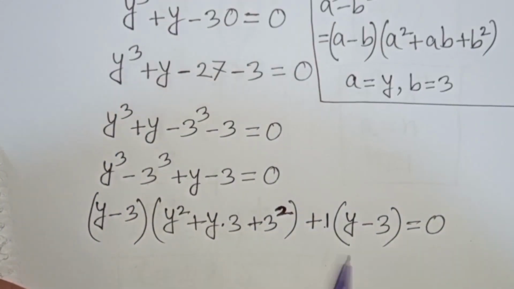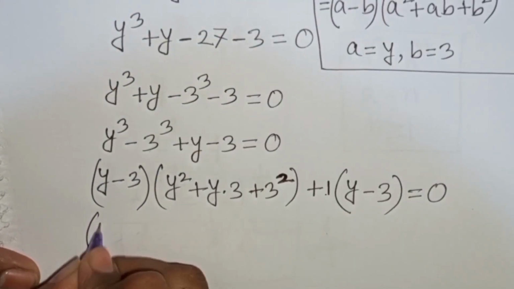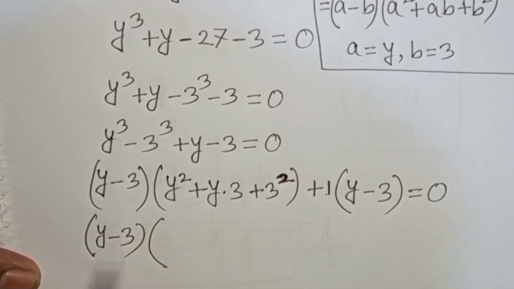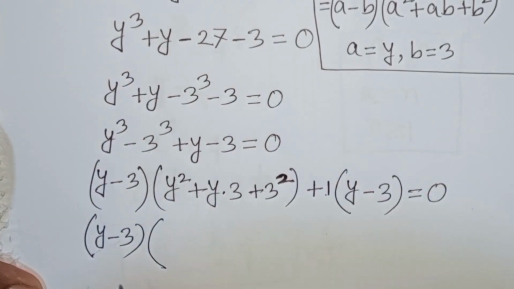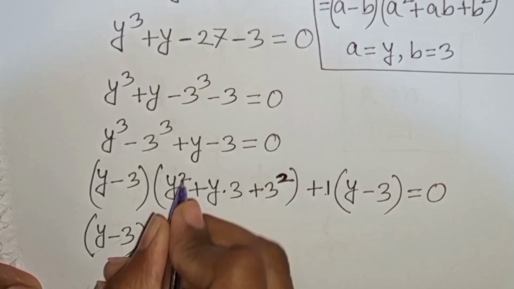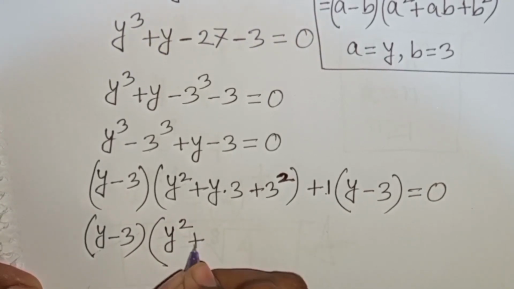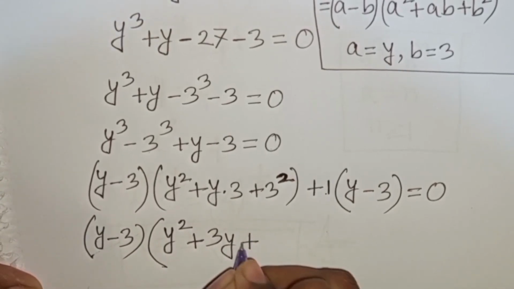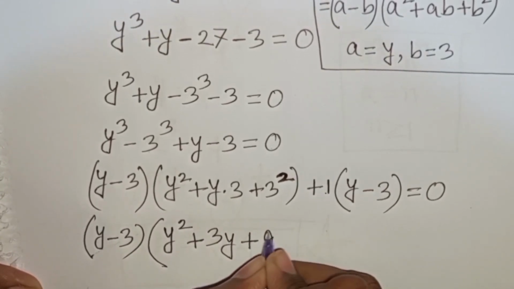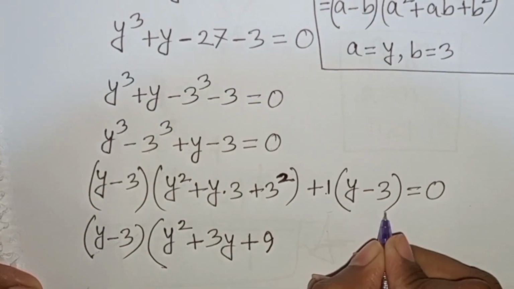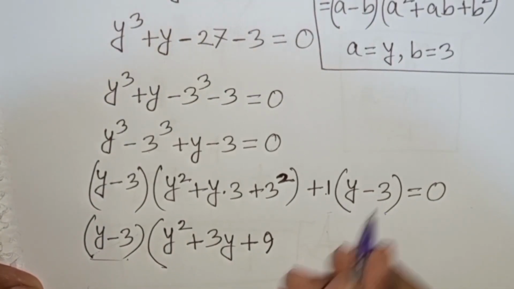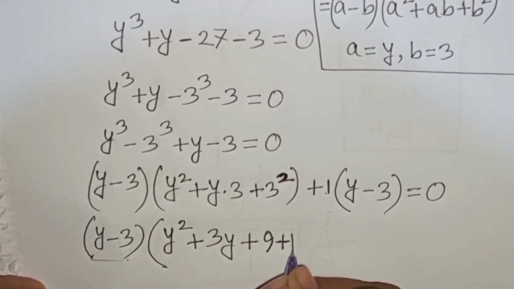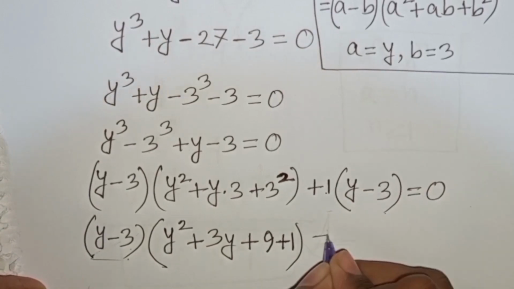Now we see y minus 3 is common, so take common y minus 3 out of the bracket. This divided by this, y minus 3 will be cancelled, so we have y square plus y times 3, that means 3y, plus 3 square which is 9, then this divided by this, y minus 3 will be cancelled, so here plus 1, then bracket close is equal to 0.